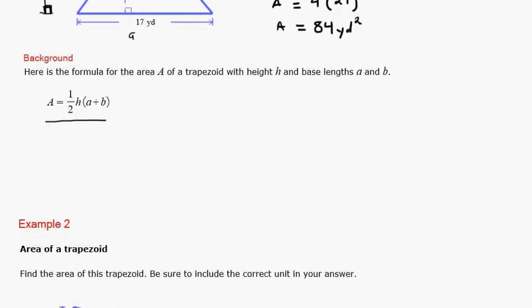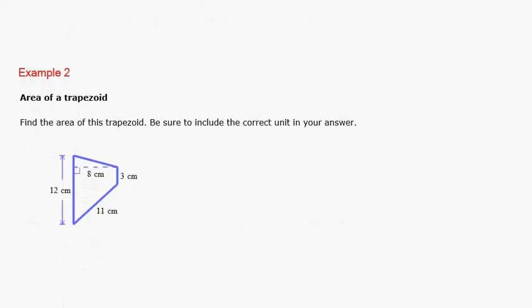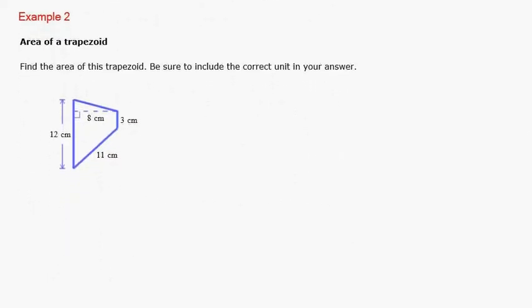A key is that somewhere in your notebook you should be collecting all these formulas so that you can grab them quickly. Here's just another problem. What they've done is rotate the trapezoid.